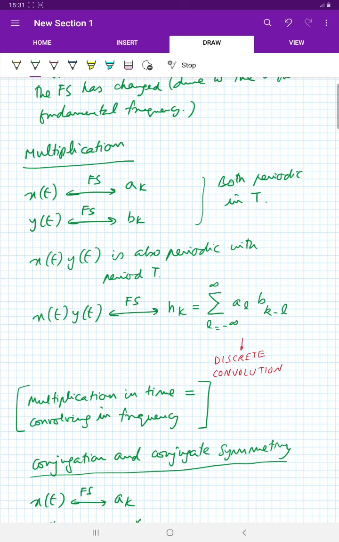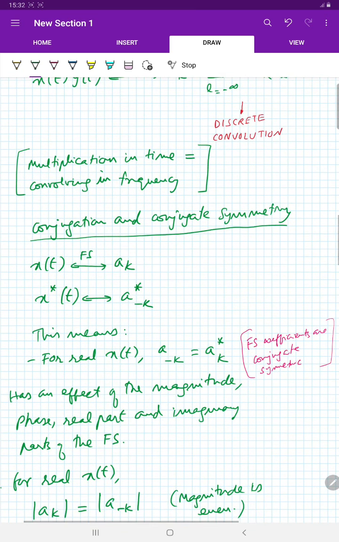Coming back to this property, if you have two signals x(t) and y(t) and want to find their product, you can compute it using their Fourier series coefficients. The Fourier series of the product is obtained by convolving the two respective Fourier series in frequency. Okay, so this is an important property, multiplication.